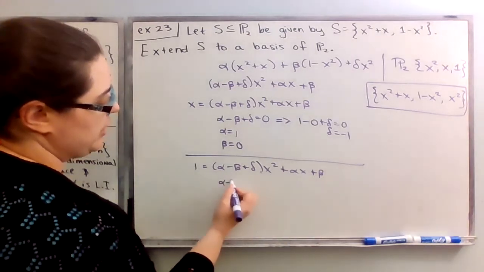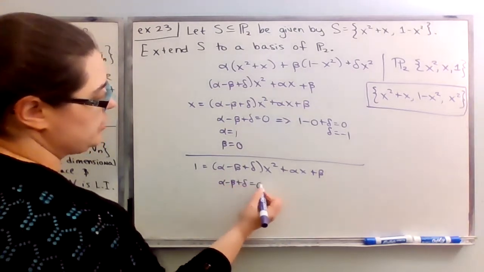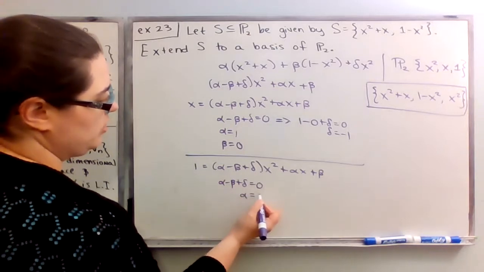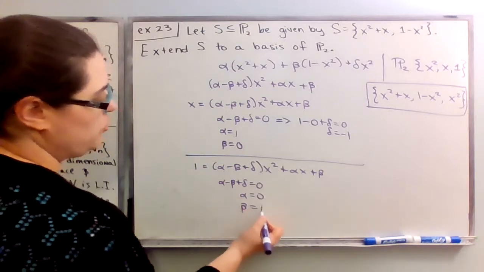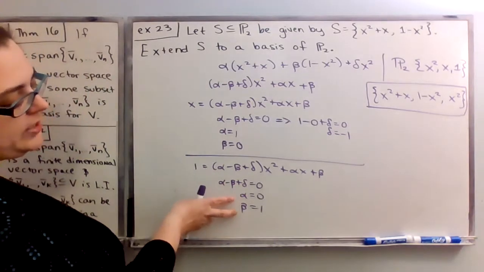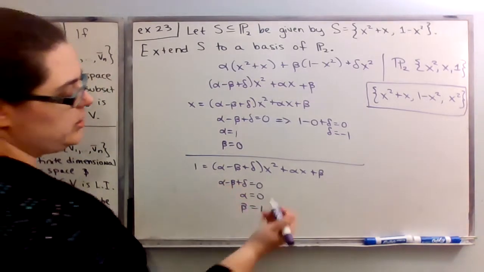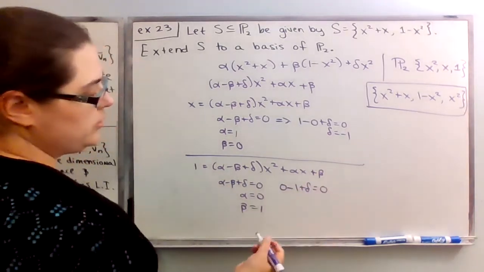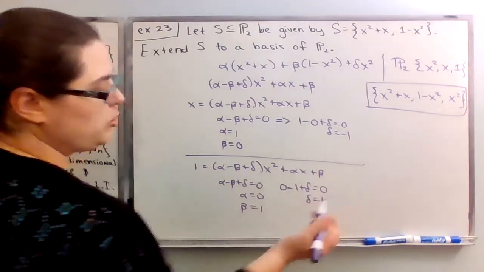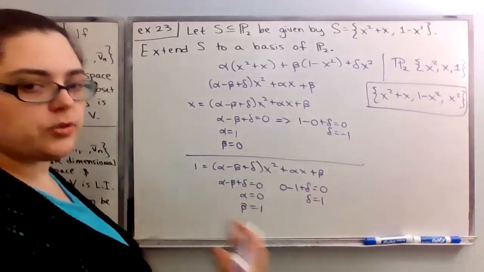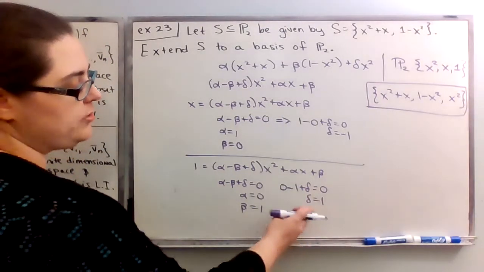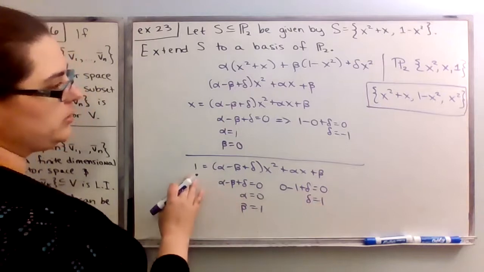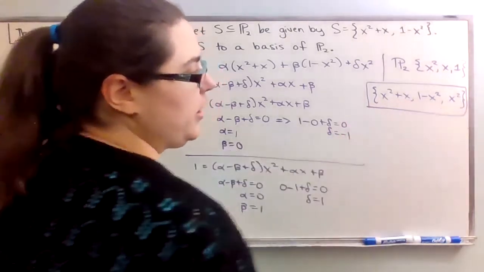So we have alpha minus beta plus delta has to equal 0, alpha has to equal 0, and beta has to equal 1. Again, we can take these two pieces, plug them up in here. So that's going to give me 0 minus 1 plus delta is 0, which means that delta has to equal 1. So again, we get a consistent system. So that means that we can express 1 in terms of these three vectors here.